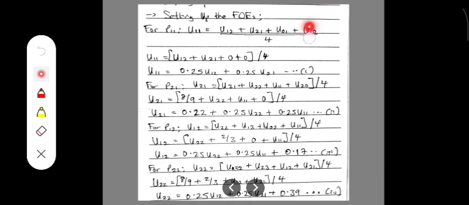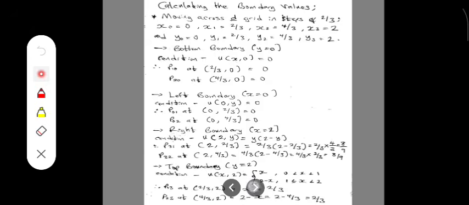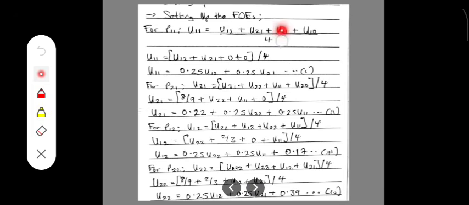Now setting up the finite difference equations. Calculating for the first node u11, the formula goes as, let's use the mesh. So if this is u11, the formula is equal to, just by going to the 4 axes along this center point, u21 plus u01 plus u10 plus u12, all divided by 4, and we'll substitute the boundary points.